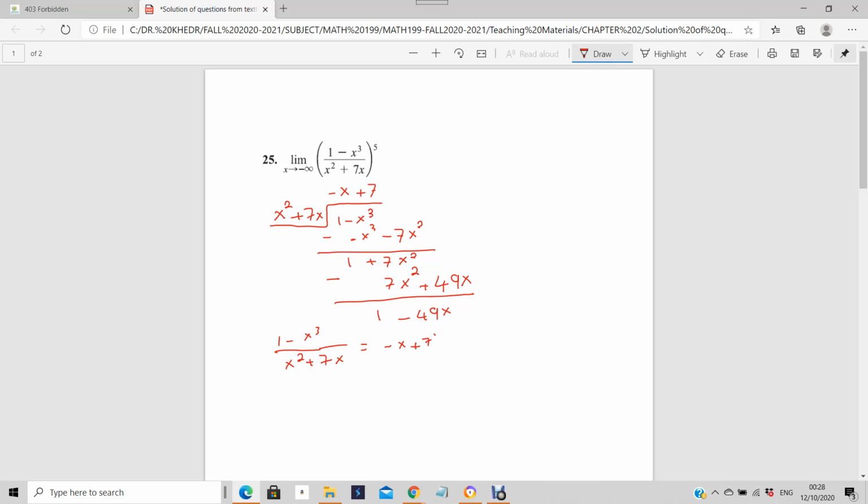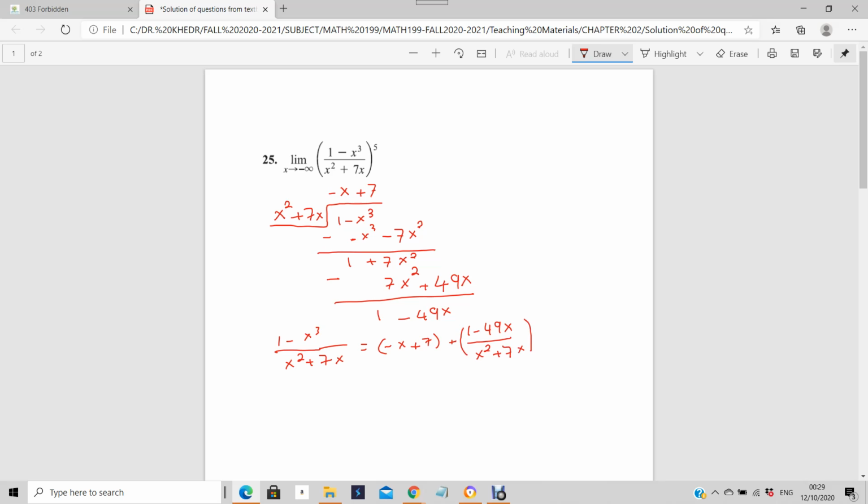So this is the answer. And this term is the remainder. So plus, the remainder here is minus 1 minus 49x divided by x squared plus 7x. This is called the remainder. Okay.